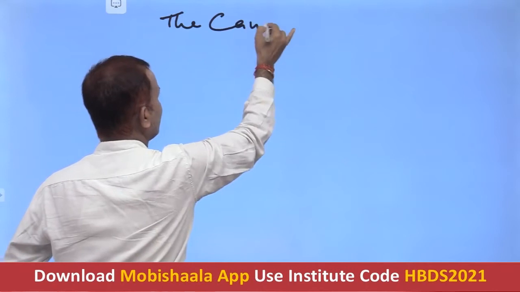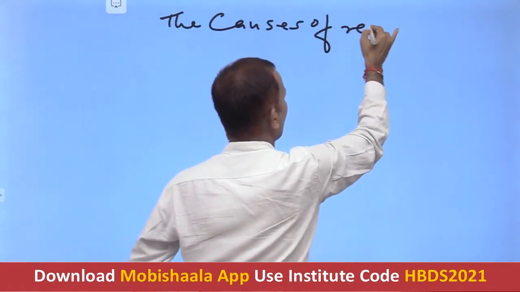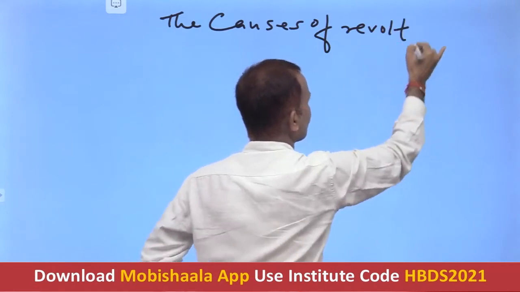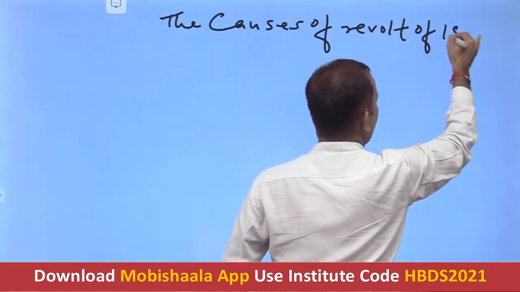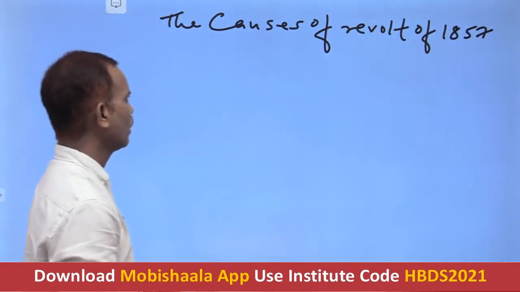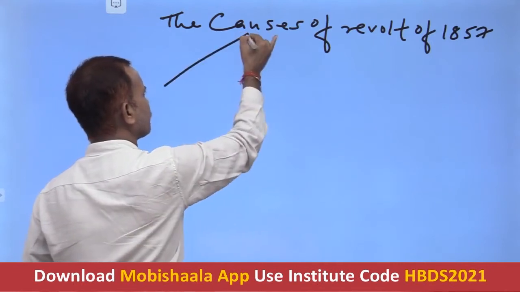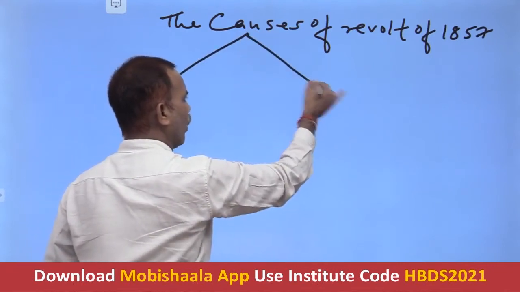The causes of revolt of 1857. This could be classified into two parts.